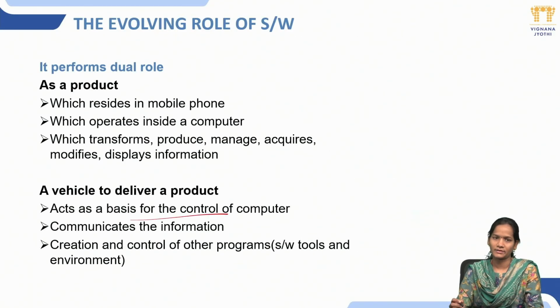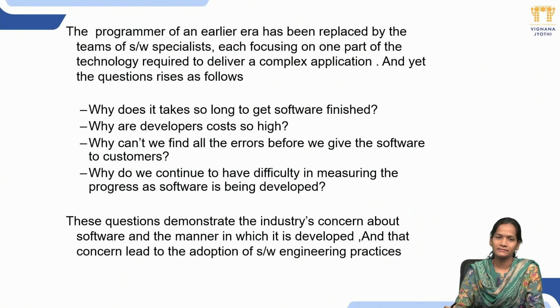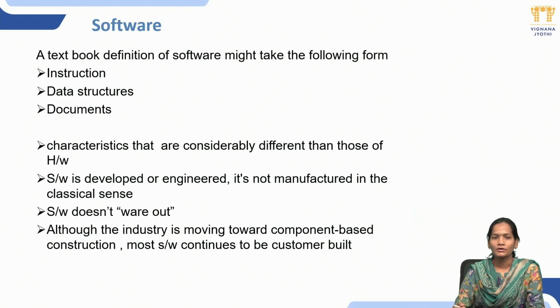Software has some characteristics with software engineering. So what are those characteristics? See, software is developed or engineered, it is not manufactured in the classical sense, because every software should be developed. It is not built, not constructed, so it is not manufactured.